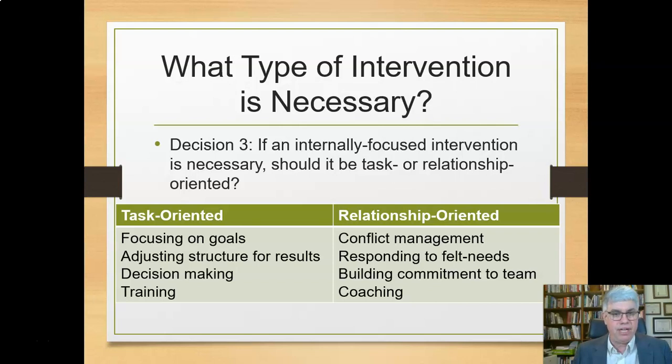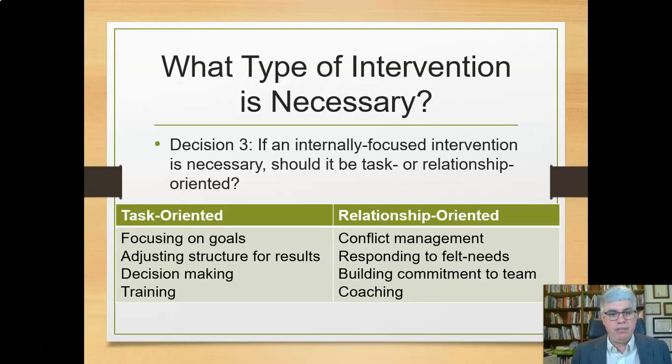So some task-oriented intervention would be to help the team focus on goals. Maybe clarifying what their mission is, developing goals, coordinating how to achieve them. Another task-oriented leadership behavior would be adjusting the structure for results, maybe making assignments, assigning responsibility, holding each other accountable.